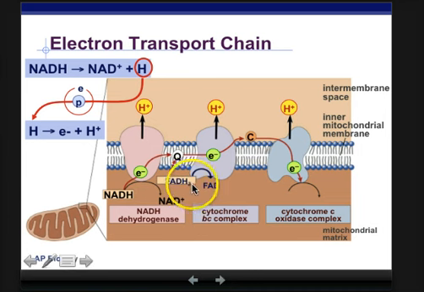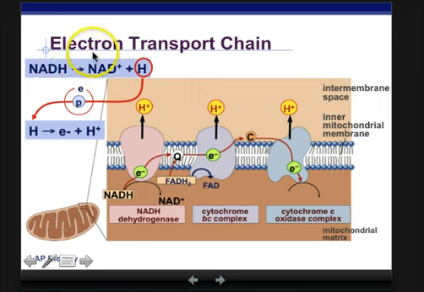And here's our FADH2, which is going to do something similar here and give off that hydrogen, to give an electron and a proton. NADH is going to lead to a little bit more energy than FADH2 does.